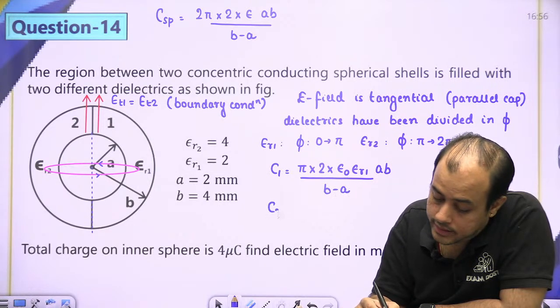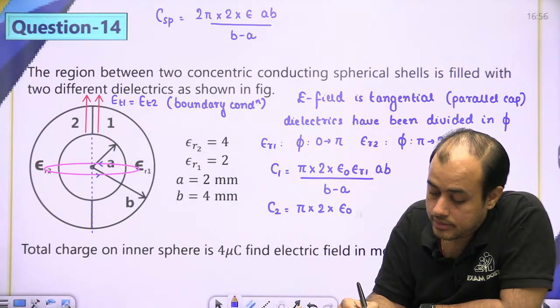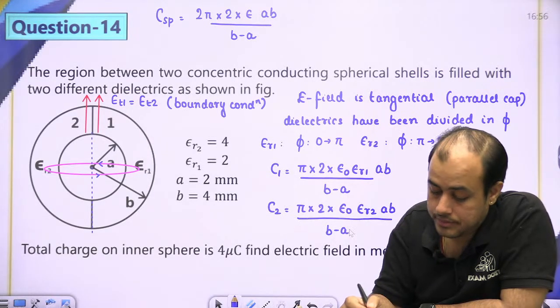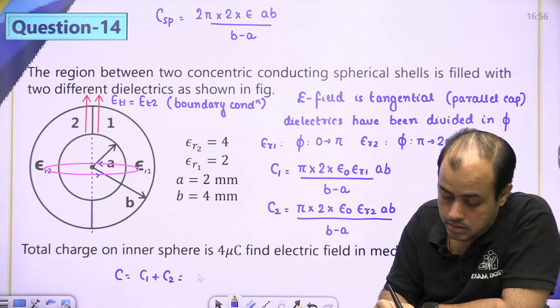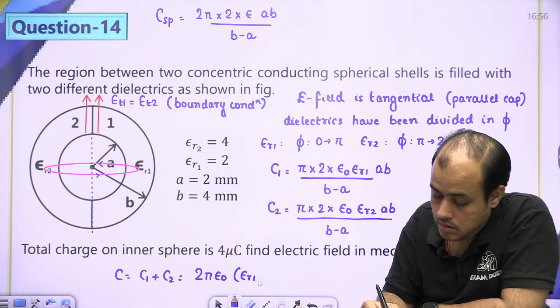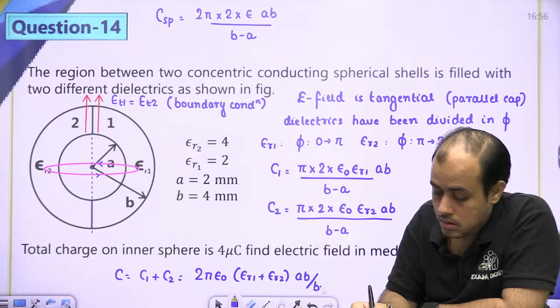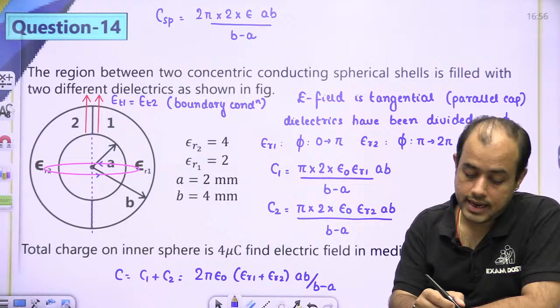And because the electric field is tangential, I have to take a parallel capacitor. Like this, I added both capacitances.